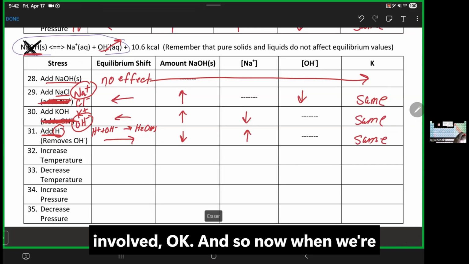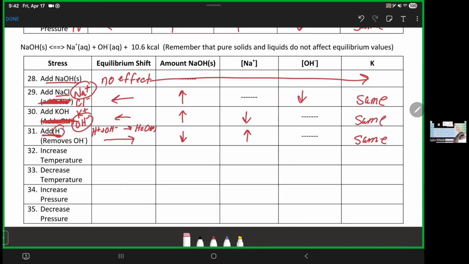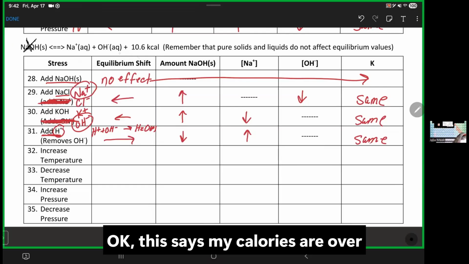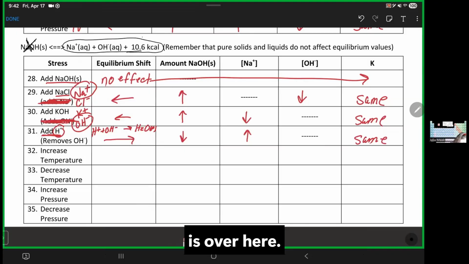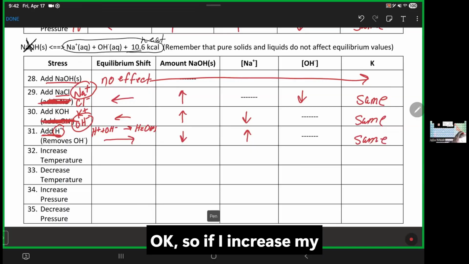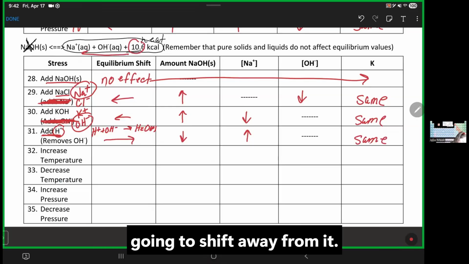Okay, and so now when we're looking at temperature, okay, this says my calories are over here on the product side, so heat is over here. Okay, so if I increase my temperature, I'm adding heat, so I'm going to shift away from it.